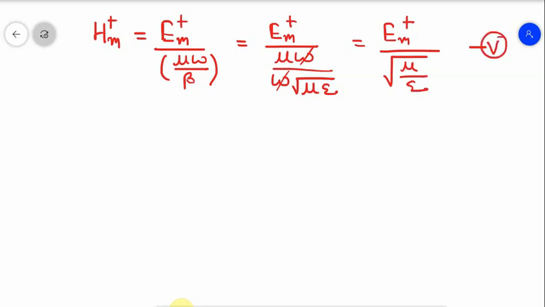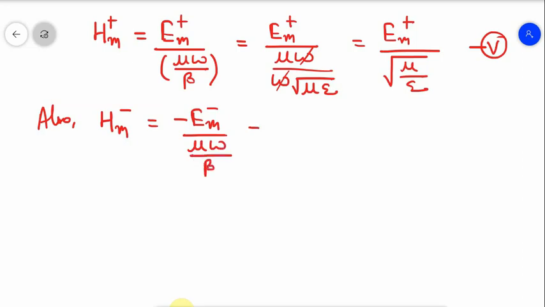Fine. Also, we have the Hm minus. Hm minus can be written as minus Em minus upon, similarly, mu omega upon beta, which can be written as minus Em minus upon mu omega upon omega root mu epsilon.